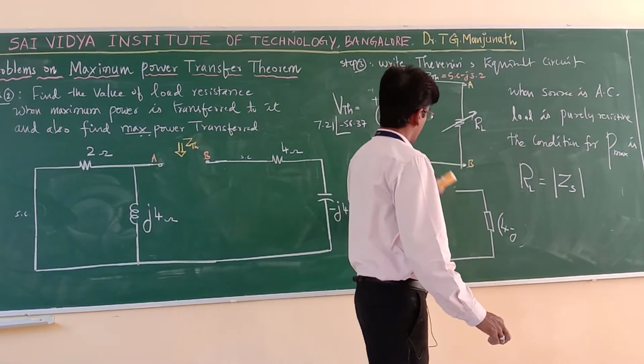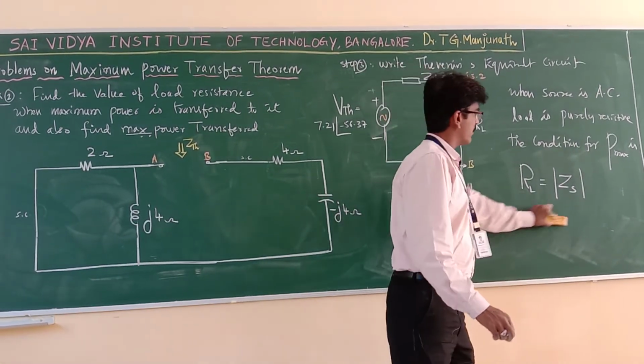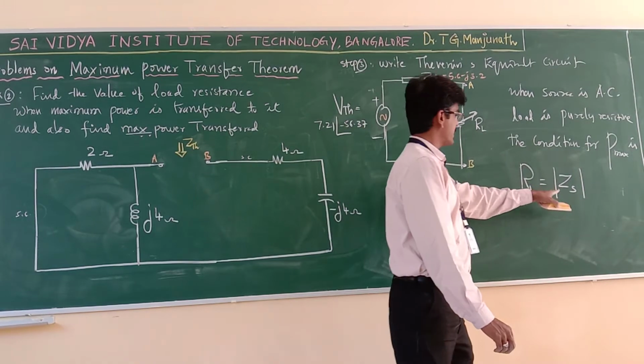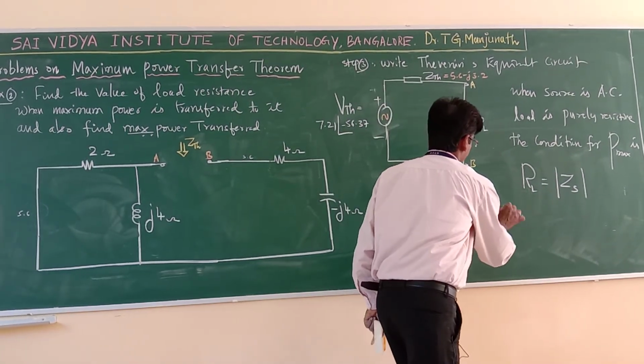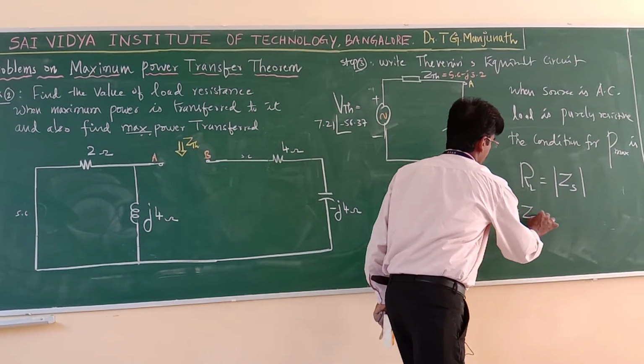This is the condition for maximum power transfer. What is Zs here? Zs is nothing but Z Thevenin. Here Zs should be equal to Z Thevenin.